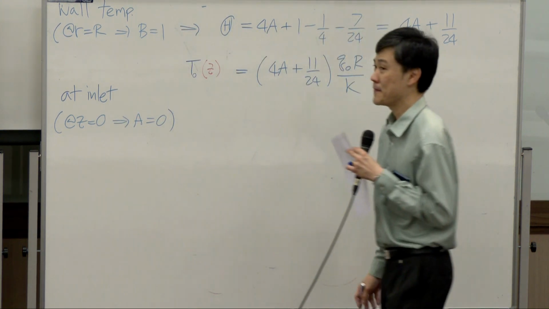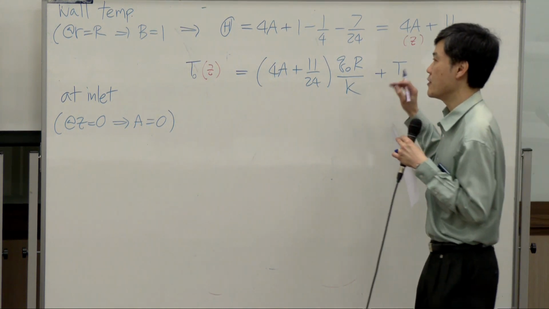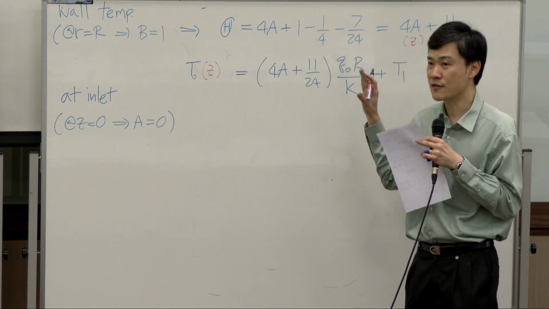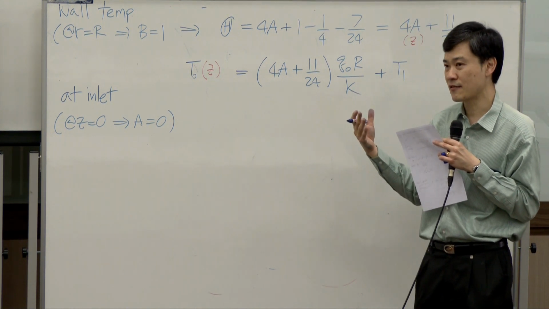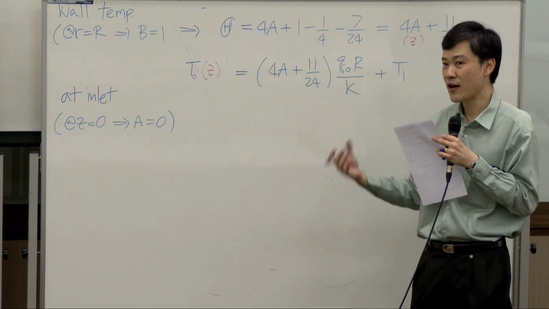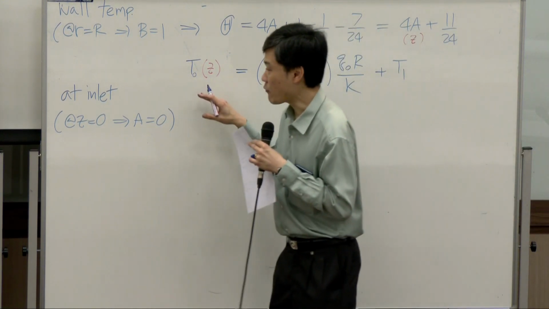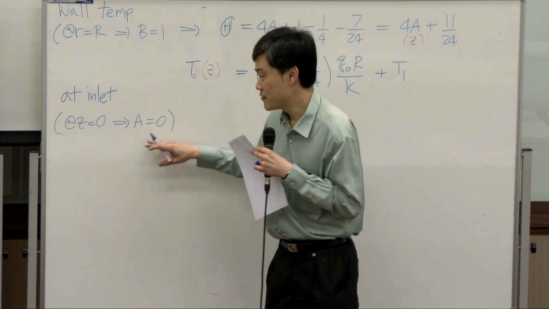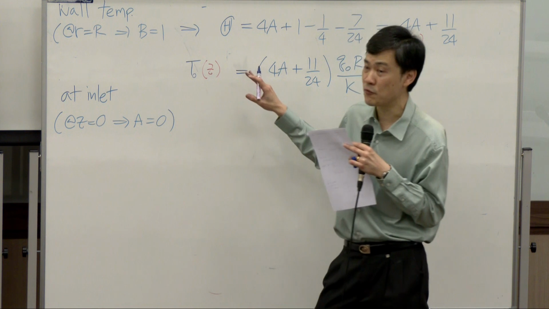All right? But this is a stretch. Remember, we said that the temperature profile that we obtained was calculated at a very long length, not at the very beginning. But we will try to stretch that equation to be used at the inlet to see how the solution would be. Okay?